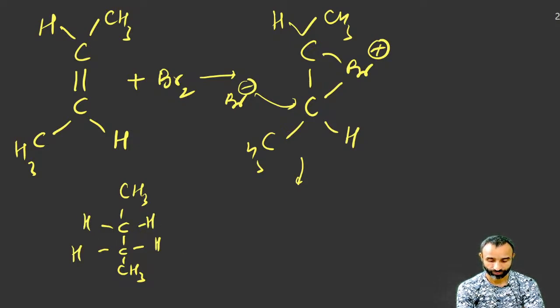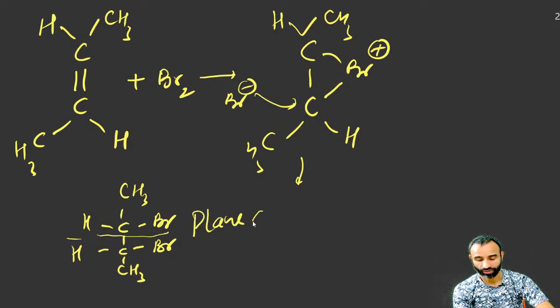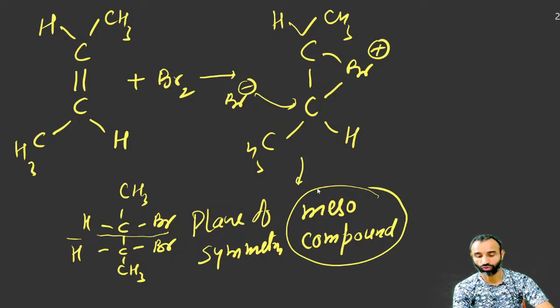And such a compound has no mirror image because it has a plane of symmetry, and it is called a meso compound. Okay.